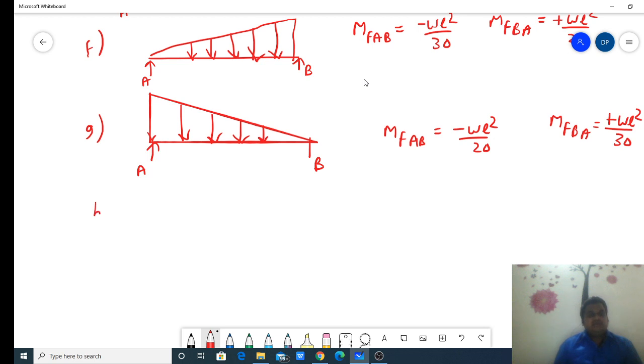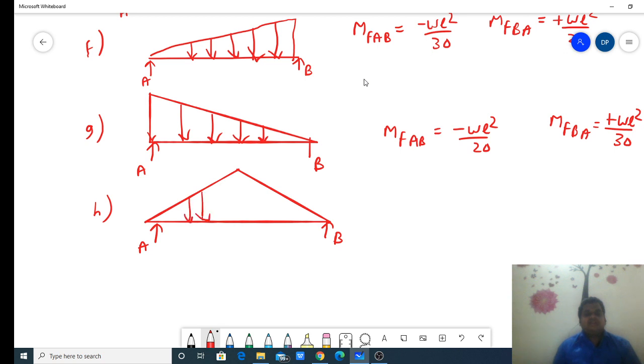Similarly, the last case is the same triangular load with the peak in the middle. This is A and this is B, and if I am drawing the triangle like this, the loading is W at the center. Now how does the formula change in this case, that you need to remember.